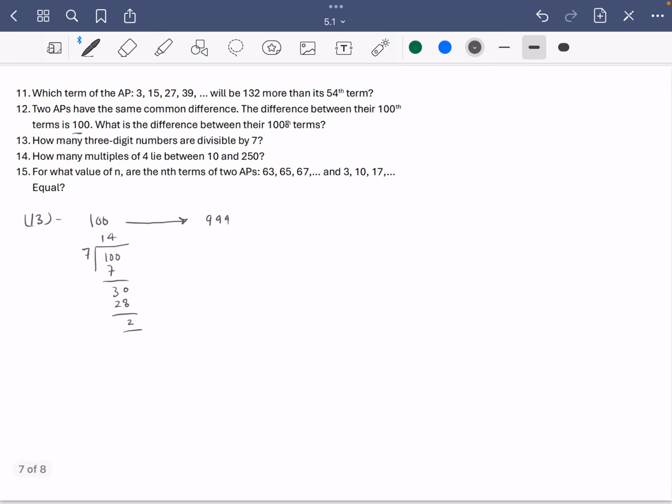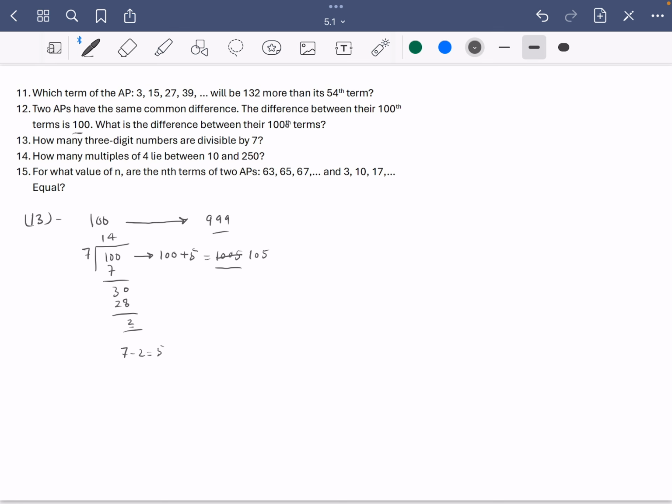So I already have 2, and to divide a number, I need a number that 7 divides completely, leaves remainder 0. So I have to add 7 minus 2, that is 5. So the first number after 100 that is divisible by 7 is going to be 105.